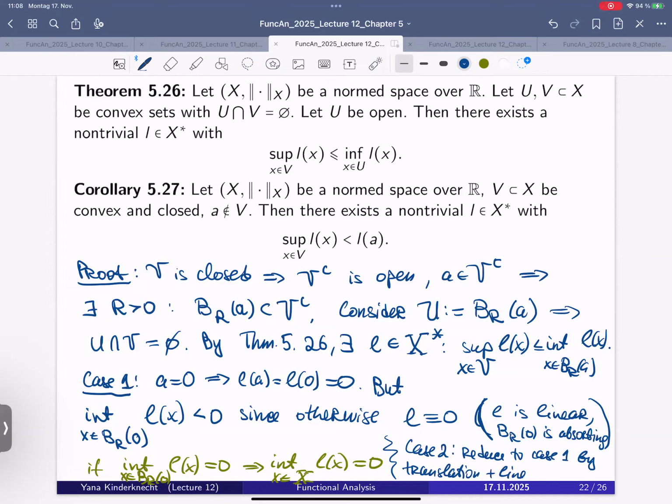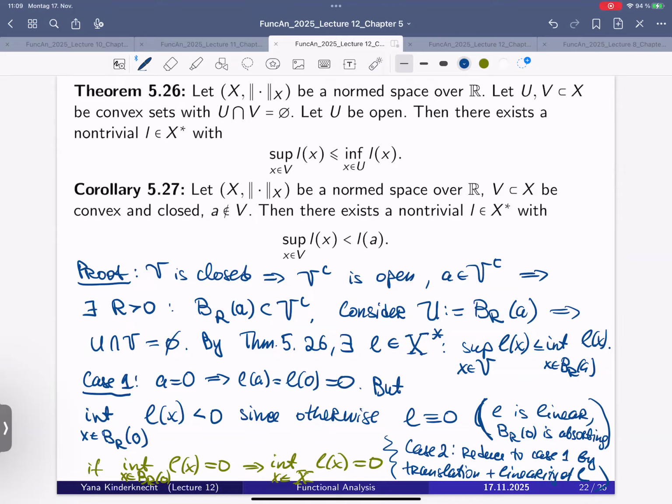Use linearity of L. So translate everything, shift everything to zero, so that we separate not U and V, but the shifted sets, such that the shifted center of the ball is in zero.